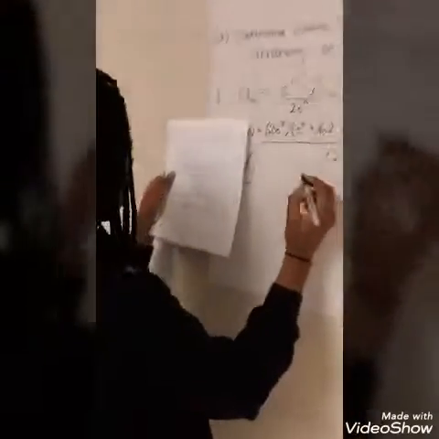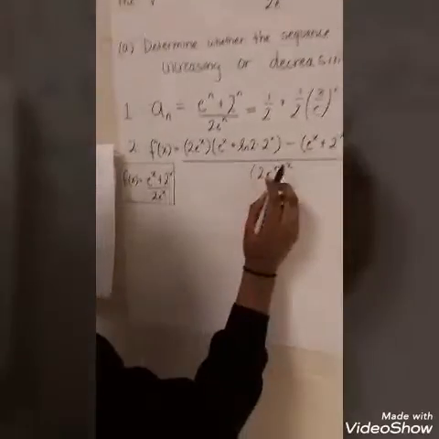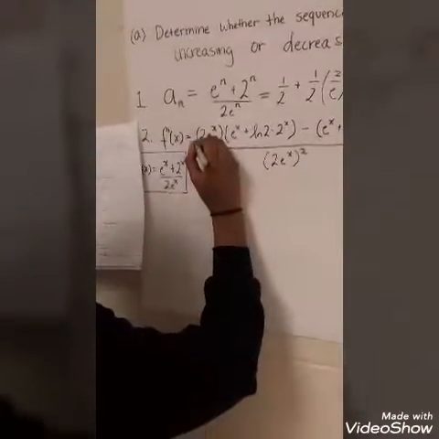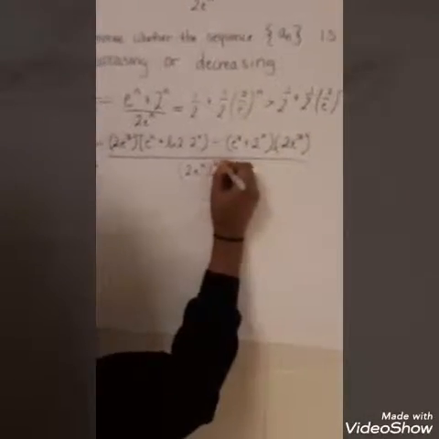Back to this. So we can cross out, divide out this, and divide out this, and take out that.